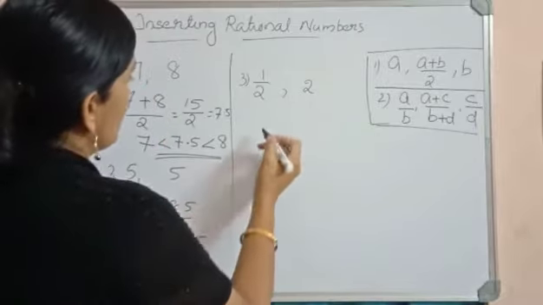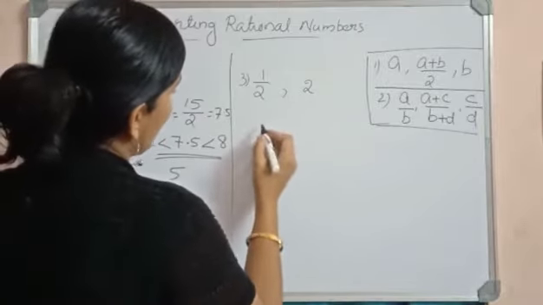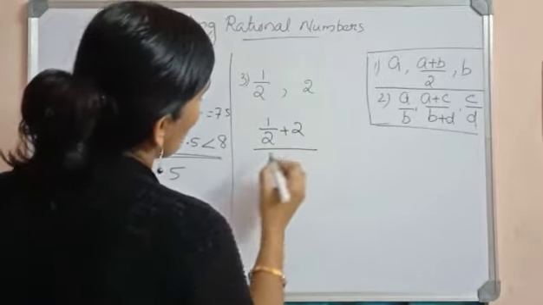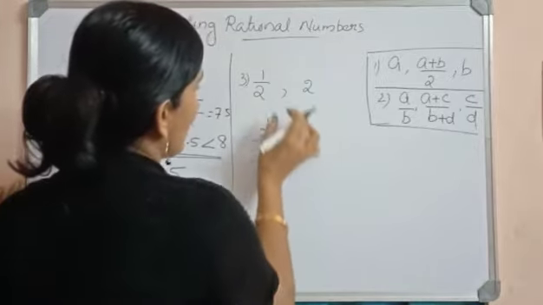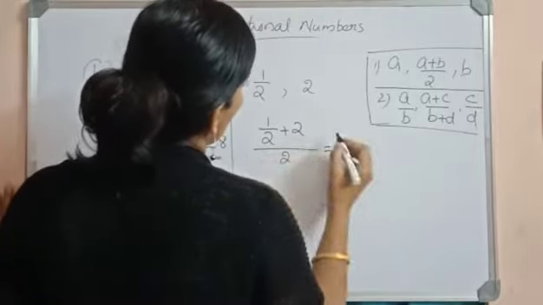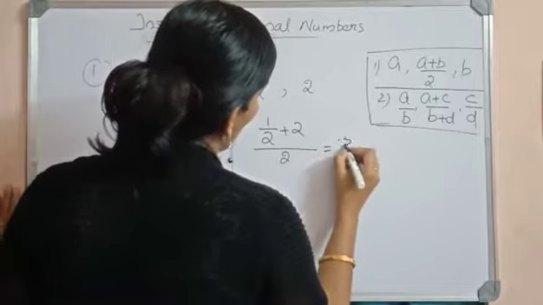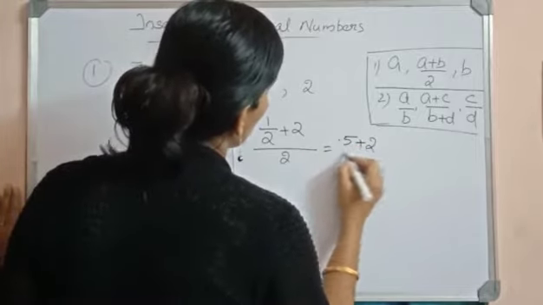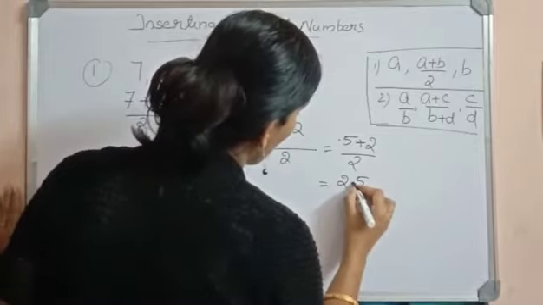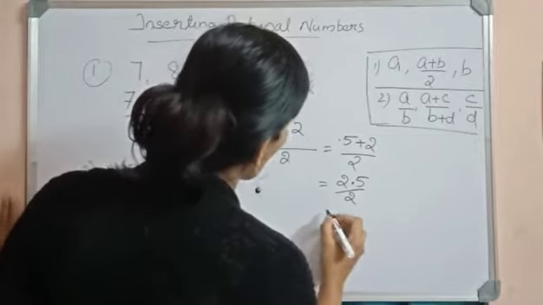Here also, if we apply the same method, we can say that (1/2 + 2)/2 is a number which is lying between these two numbers. So 1/2 can be written as 0.5. 0.5 plus 2, divided by 2, that is equal to 2.5 by 2.